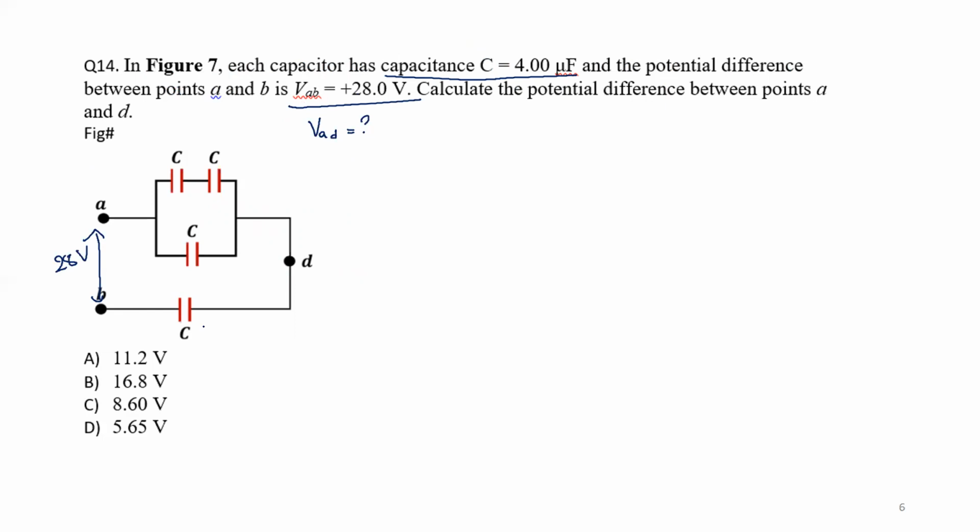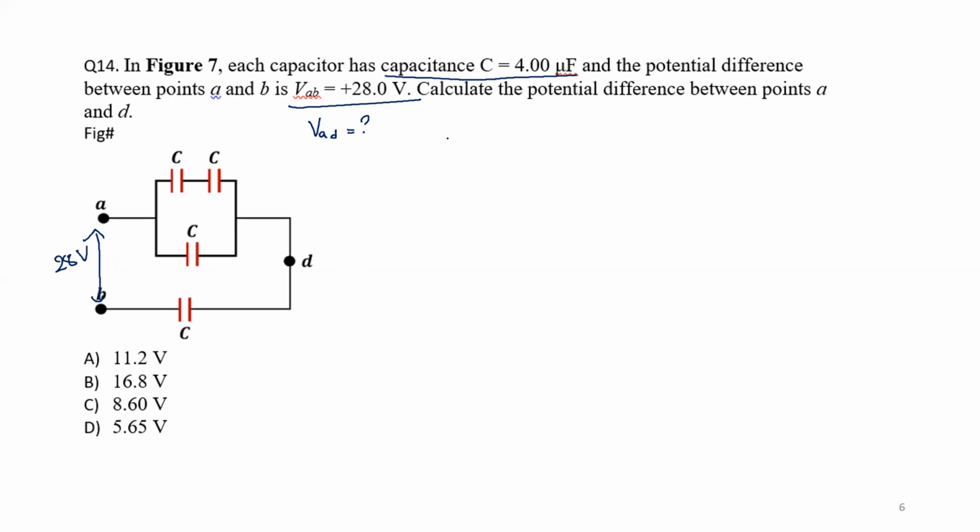Okay. So how do we do? We find the equivalent capacitance. And then we will go back and find what are the unknowns. So here we want VAD. Of course, if I know VDB, it's easy to know what's VAD.